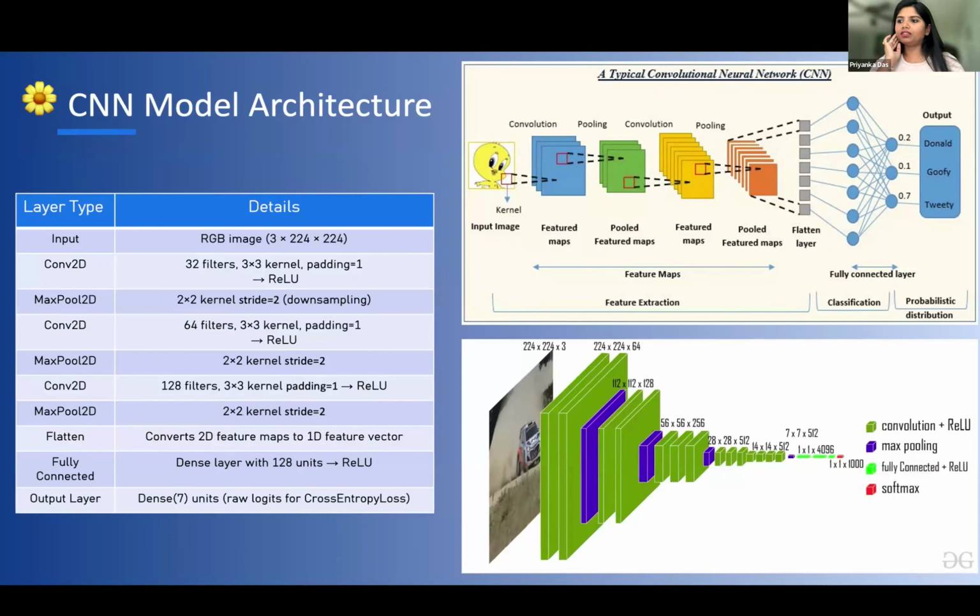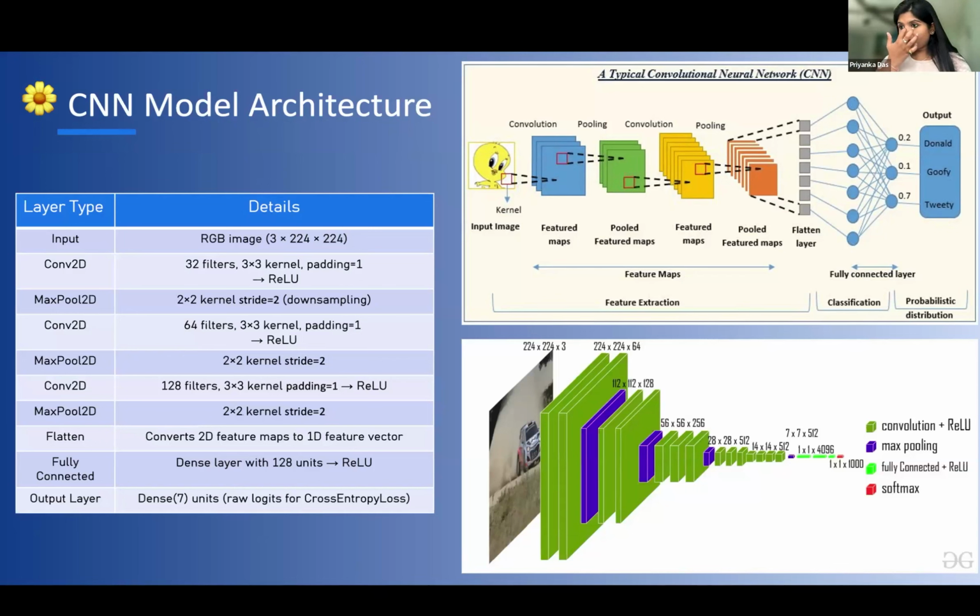After the convolutional layers, the output is flattened into a 1D vector and passed through a fully connected layer with 128 units, and finally to the output layer with 7 nodes, one for each skin lesion class. I didn't add a softmax here because cross entropy loss in PyTorch expects raw logits and handles that internally.